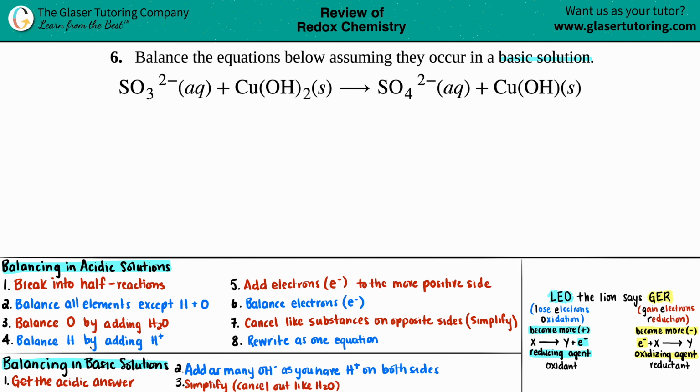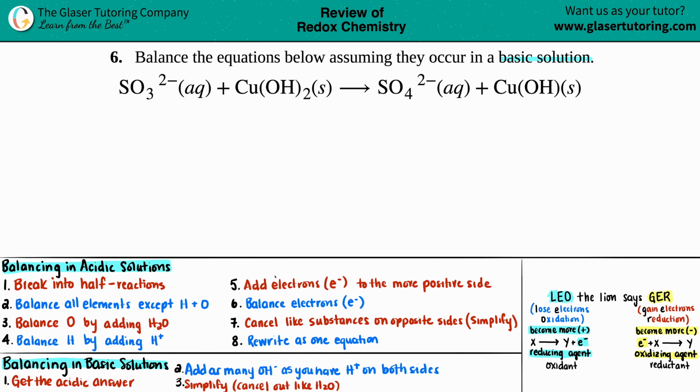Since we are balancing in a basic solution, we skip down, but the first step for any basic solution is you always have to get the acidic answer first. That's why we don't like basic solutions, because we do the acidic answer and then do a little more work to get the basic solution.